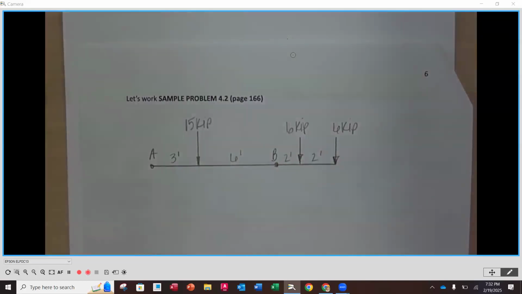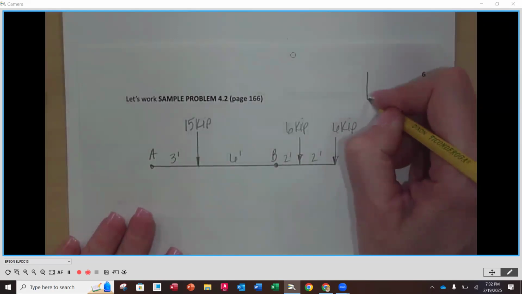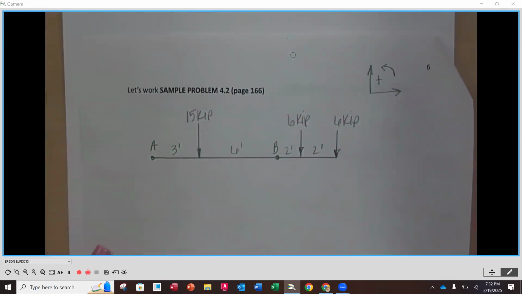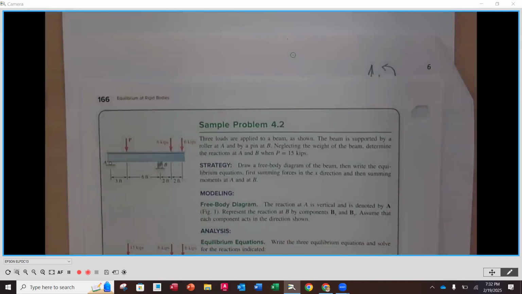Don't forget your convention. So these are what we call applied loads, that are identified in the problem.